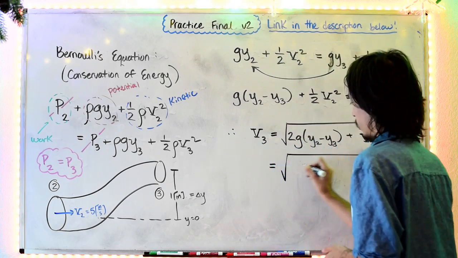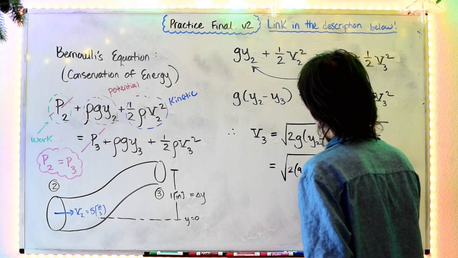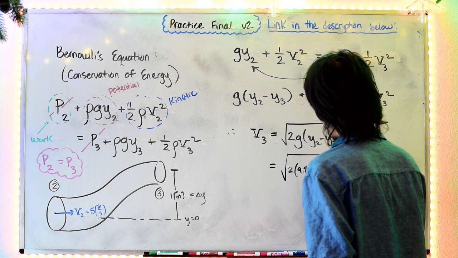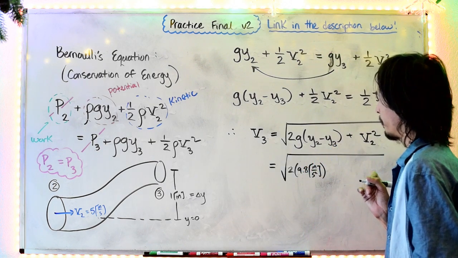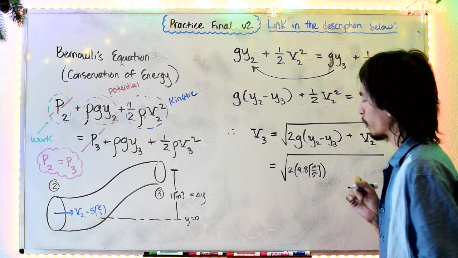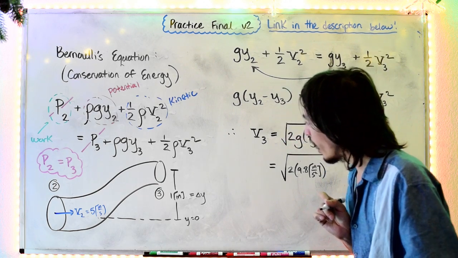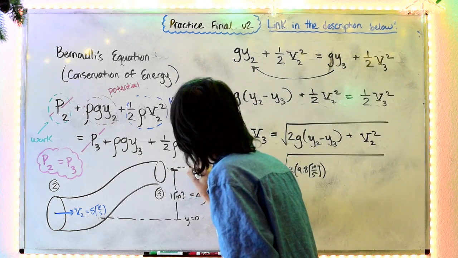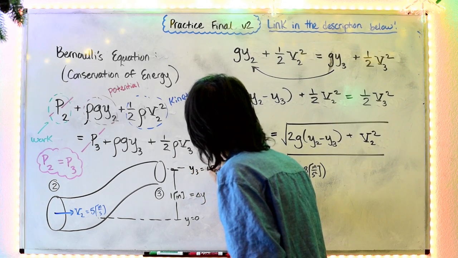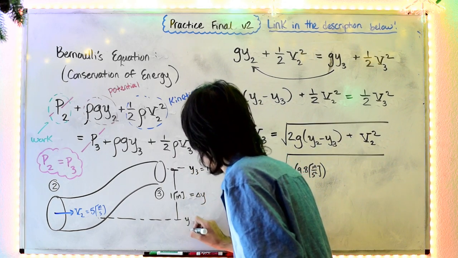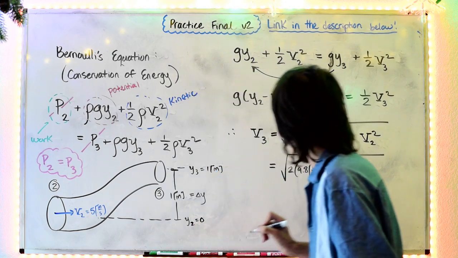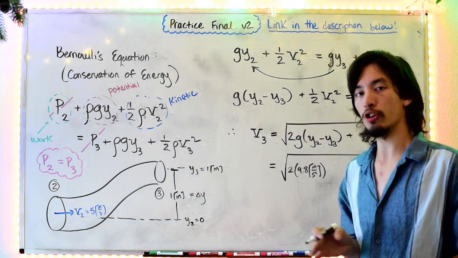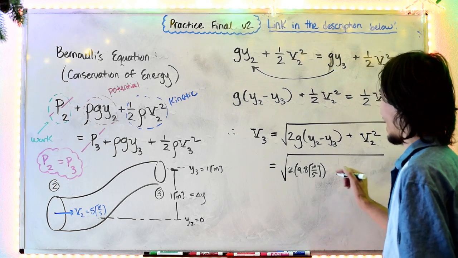So it's 2 times 9.8 meters per second squared. Wait a second. If we're doing y2 minus y3, y3 is 1 meter and y2 is 0. So based on the way that I moved it algebraically, it's actually going to be negative.